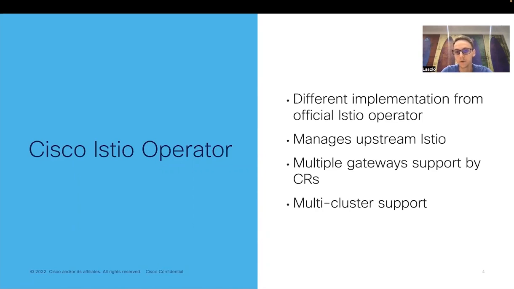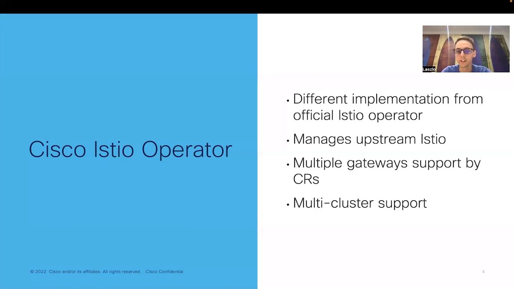But what are the differences, you ask? Let me just highlight two things. One of the things is that we have seen over the years that it was quite cumbersome or not very straightforward to create and configure multiple gateways with upstream Istio. So for that, a while ago, we introduced support by introducing a separate custom resource.